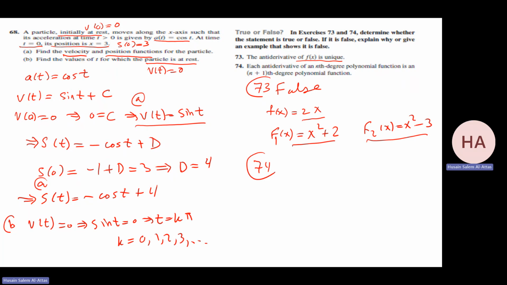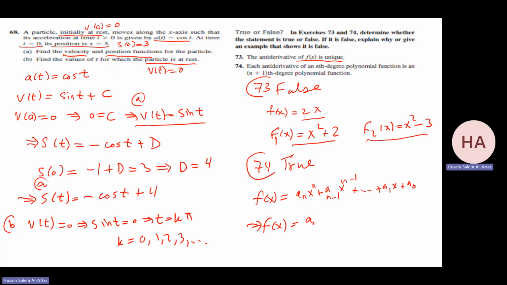74. Each antiderivative of an n-degree polynomial is an n plus 1 degree polynomial function. This is true. Why? Because if small f of x is of degree n, what will be my antiderivative?